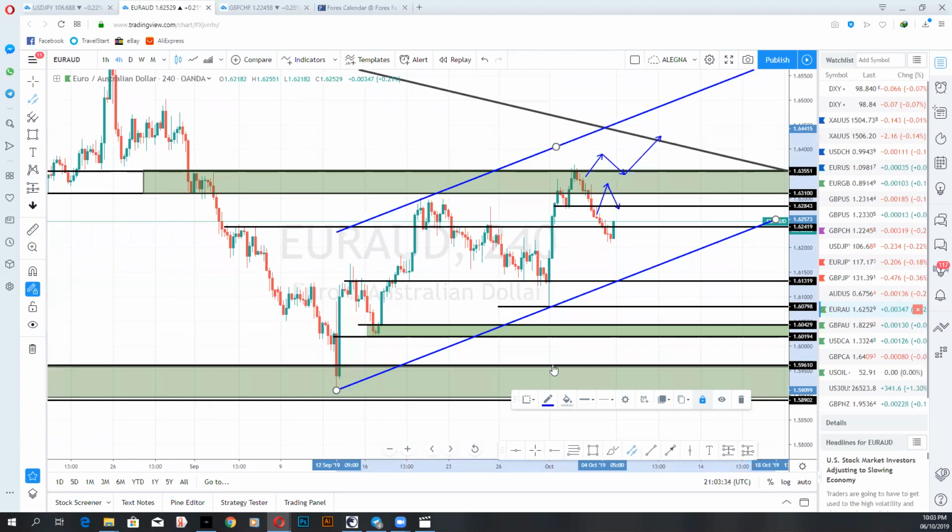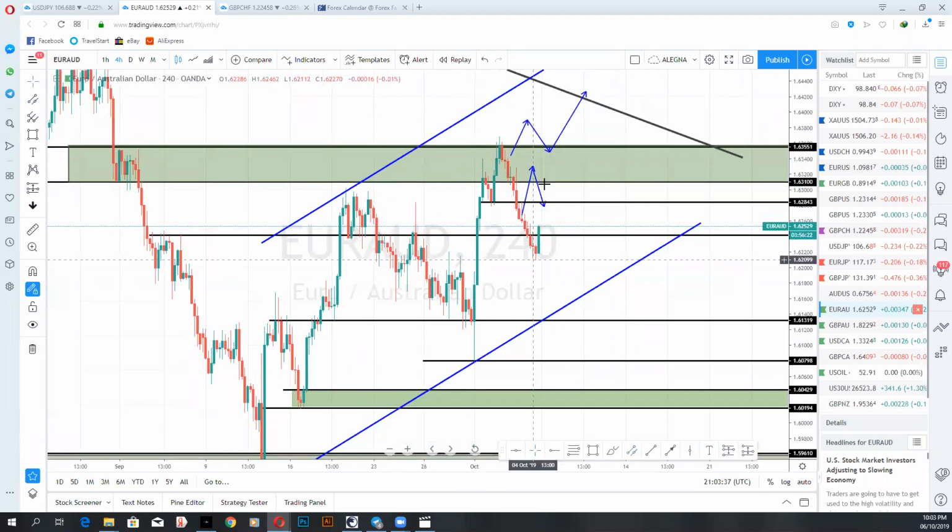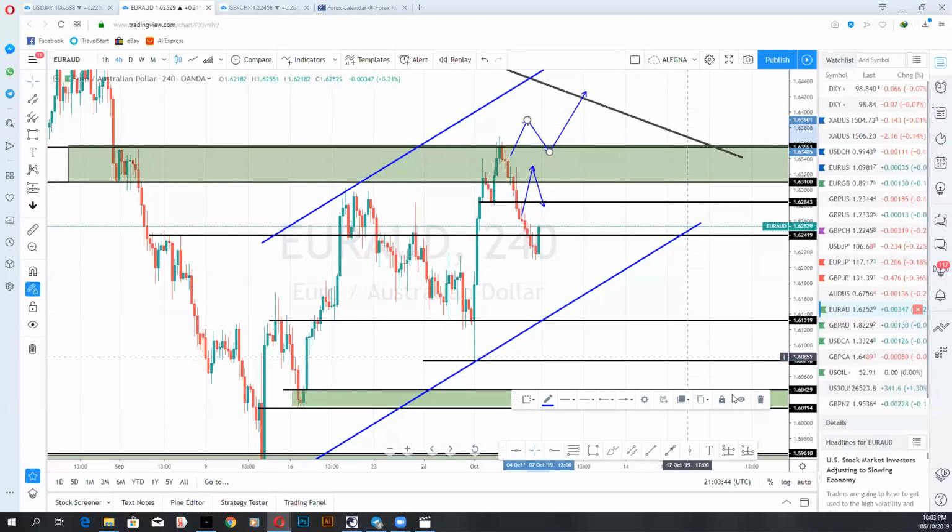Now you can see it might pull back into this area. If it pulls back into this area and gets rejected, then you might see price drop.